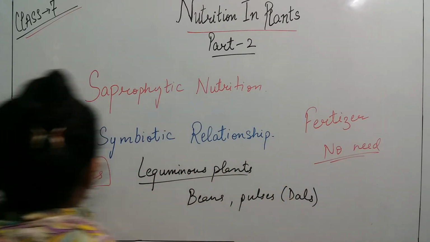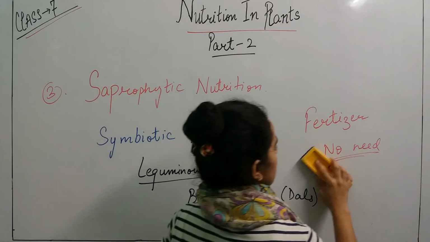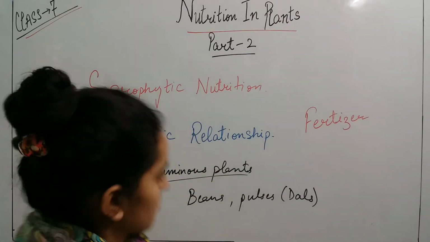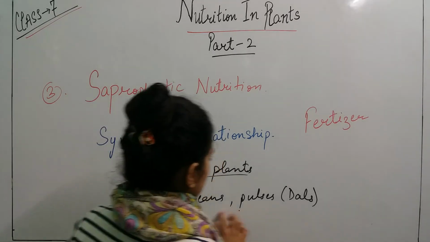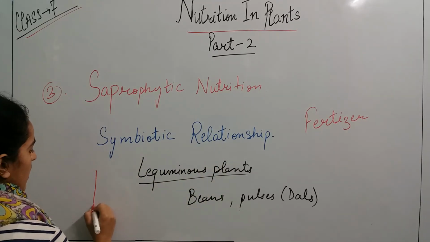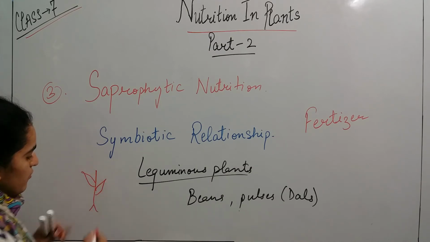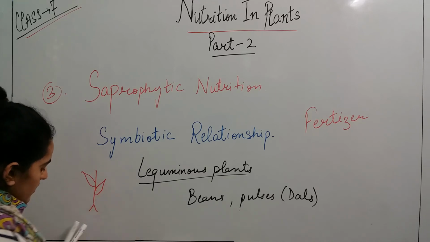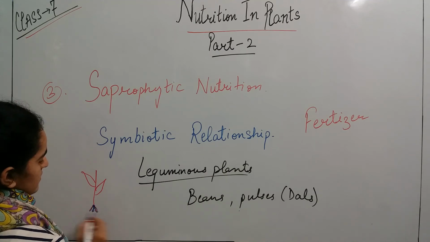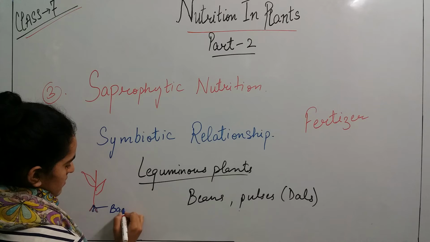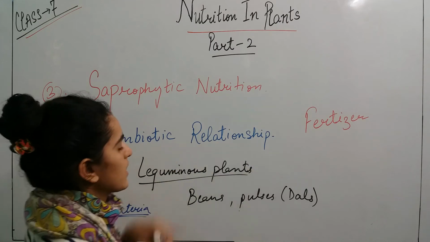Okay. So these are the leguminous plants I was talking about. So how is it a symbiotic relationship? Because such plants have some bacteria here. I'm explaining how it is a symbiotic relationship.